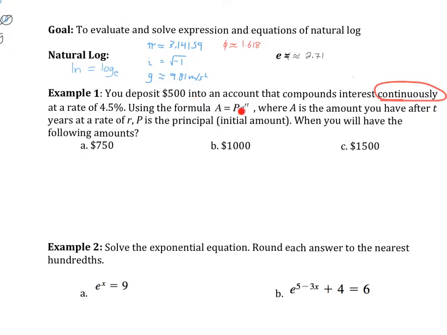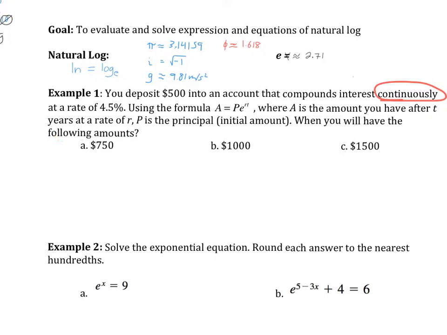So we're going to use this formula where A is the amount you have after t years. So A is going to be the accrued amount. So I start off with $500, so in 1 year, I'm going to have $522 or something. All right, t years at the rate of r. So r is my rate, and P, of course, means principal, my initial amount.